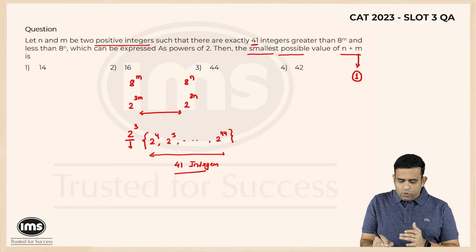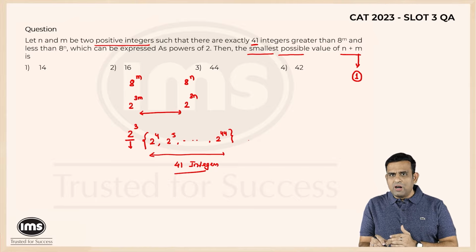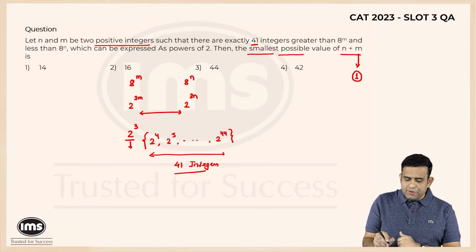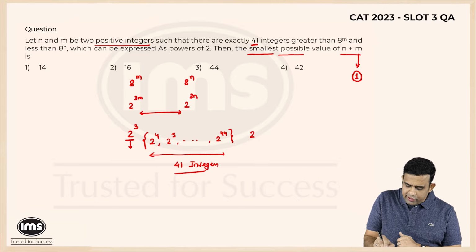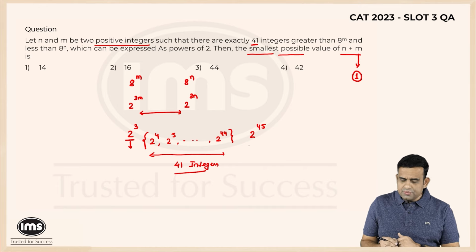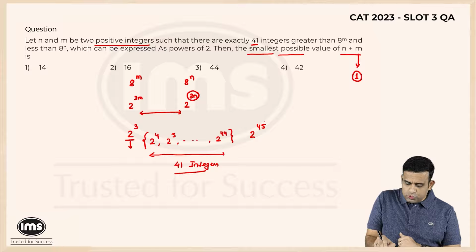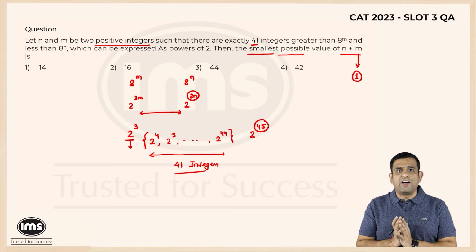So now what we know is that more than 2 power 3m but less than 2 power 3n, this particular value should be 2 power 45. So one can say in this particular case that 3n should be equal to 45, the smallest possible value of n.